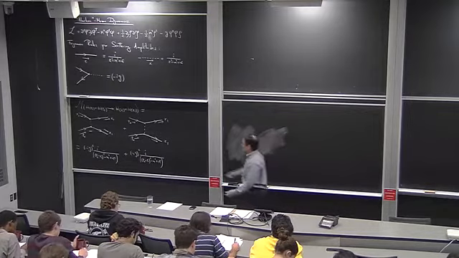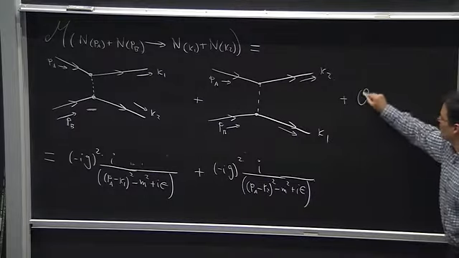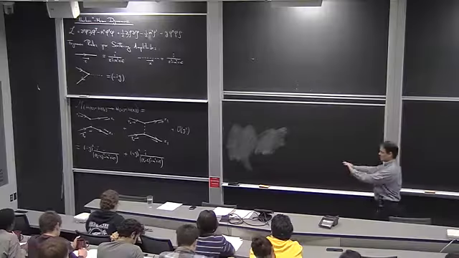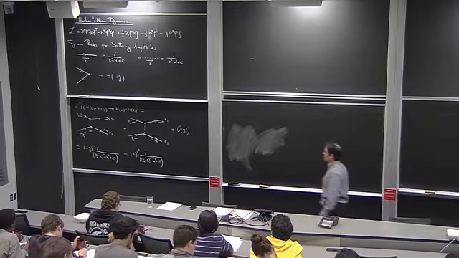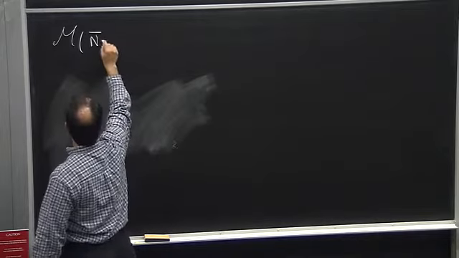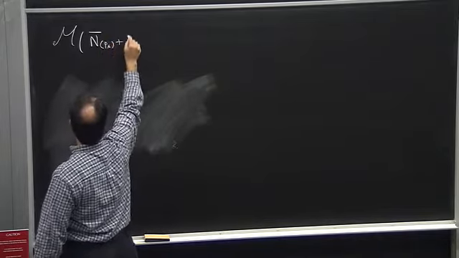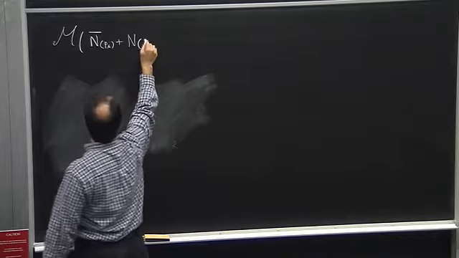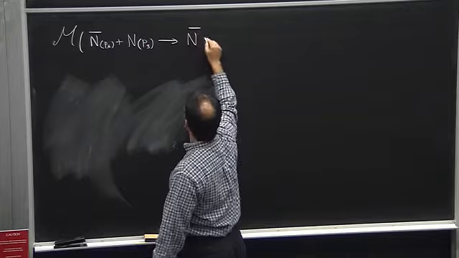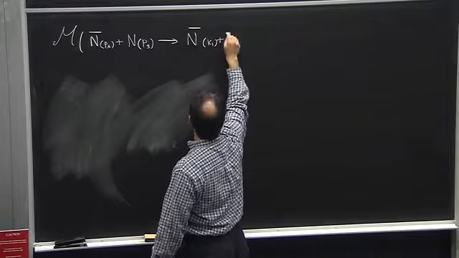Now you can go on and keep going and add order G cubed and higher terms, okay, if you want. But we just did the leading order. Let's try something else. Let's try now something like an antinucleon plus a nucleon going into an antinucleon plus a nucleon.